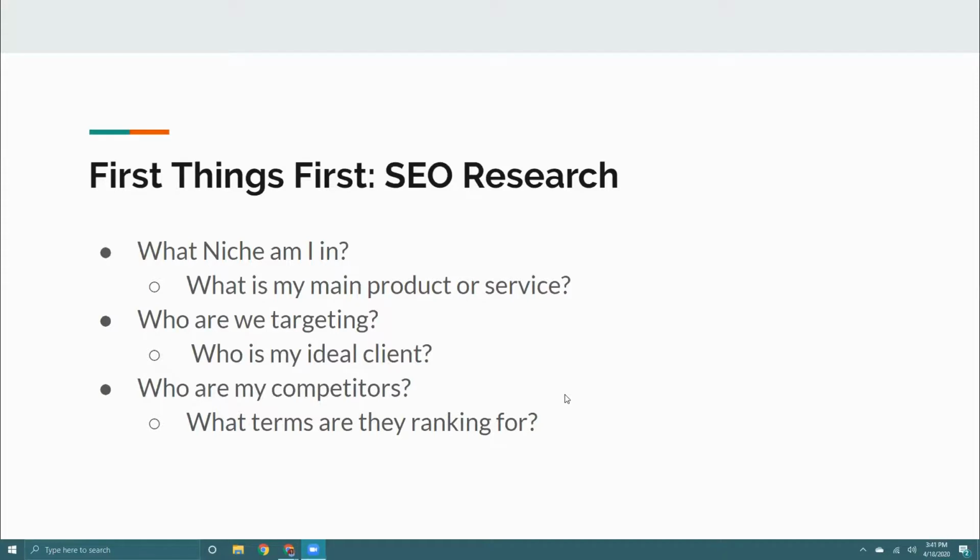Look at your competitors. What are your competitors doing? What are they ranking for? Especially if you're new in business and you don't really know what is going to be most profitable, or what keywords your ideal client is looking for when they're searching for the problem and solution that your business is going to offer. So look and see what your competitors are doing.